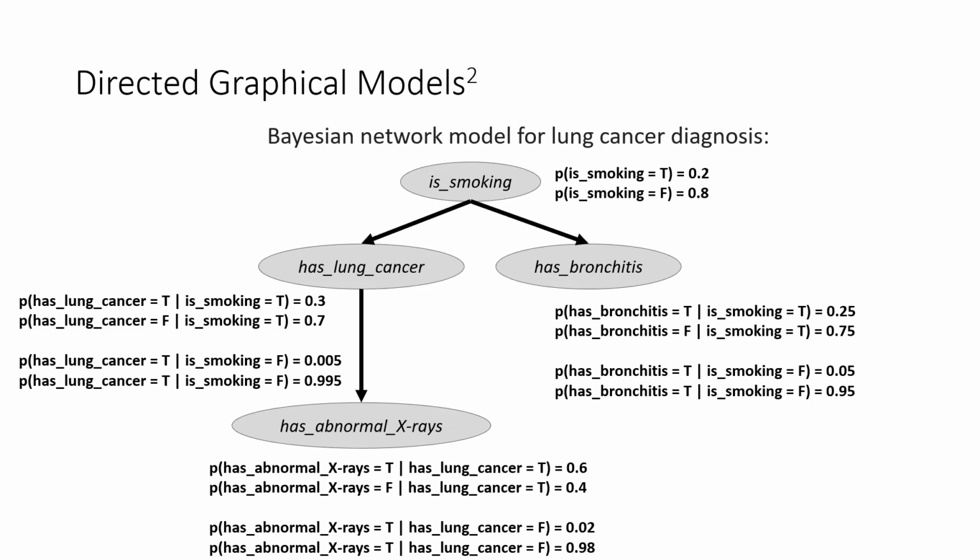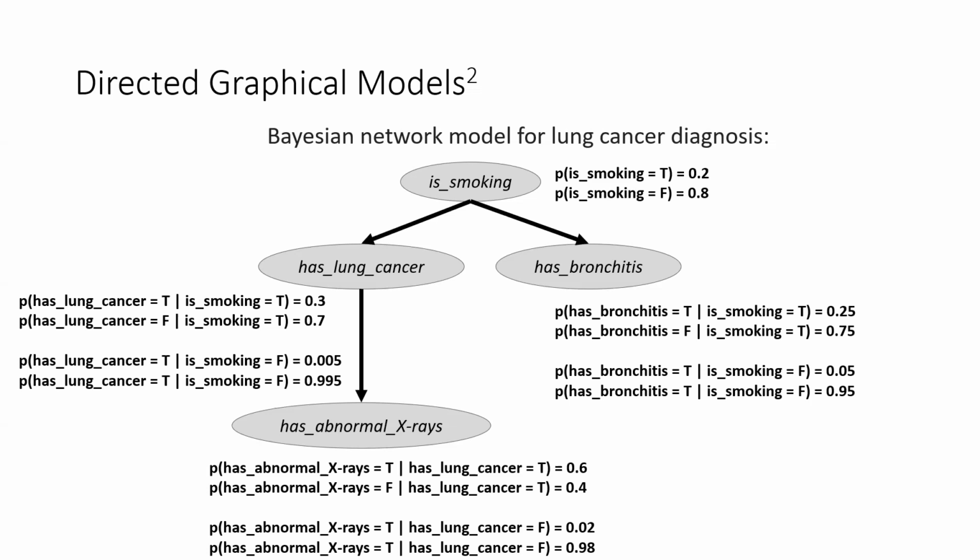So here I make an assumption that if a person is smoking, then with a high probability, they will develop lung cancer, higher compared to a person who is not smoking, or they can also develop bronchitis. Also, when a person has lung cancer, it may cause his or her X-rays to look abnormal.